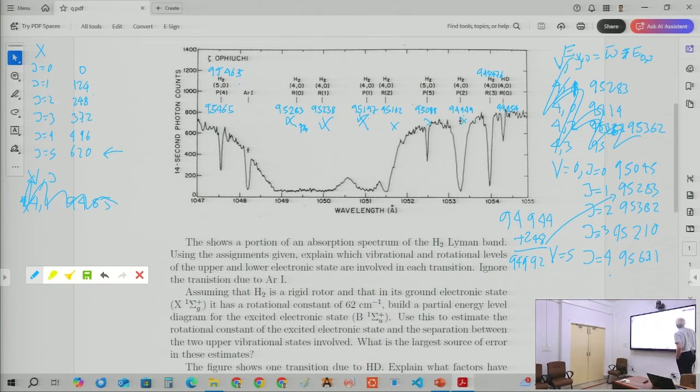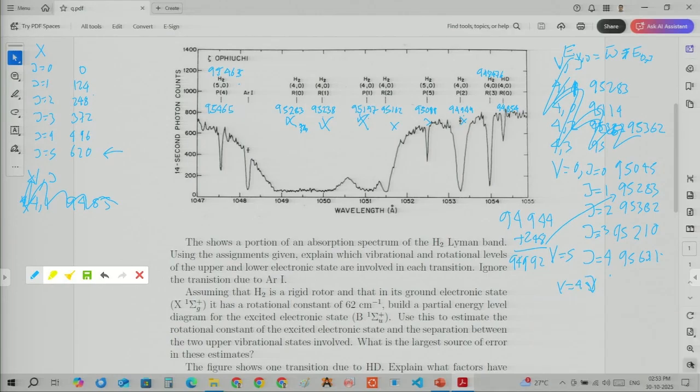We can do R3, so that should be the J equals 4 level, and that's V equals 5, J equals 4. So this one should be V equals 3, V equals 4, J equals 4. You start with R3, so that plus 372 gives you, I've got too many figures here. Calculator, I've got 6 figures here, it should be only 5. So that can't be right. 9, 4, 8, 7. That's an extra 4 in there.